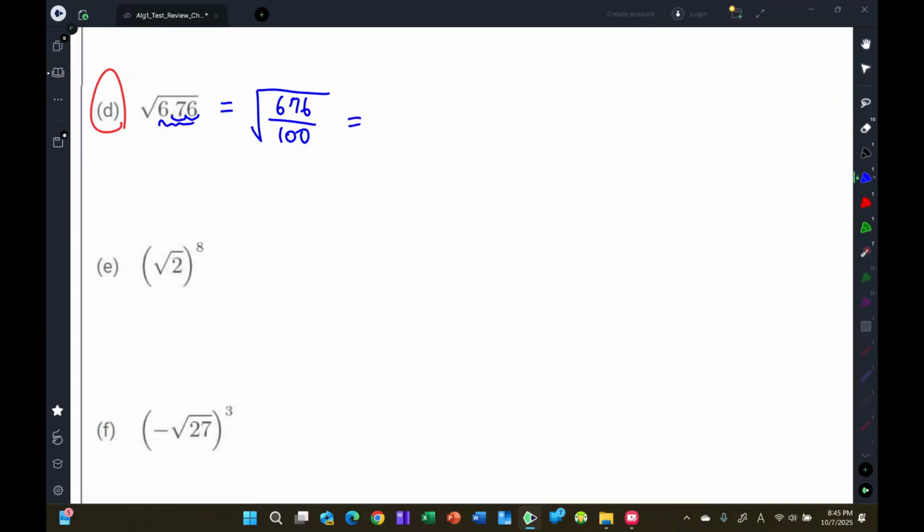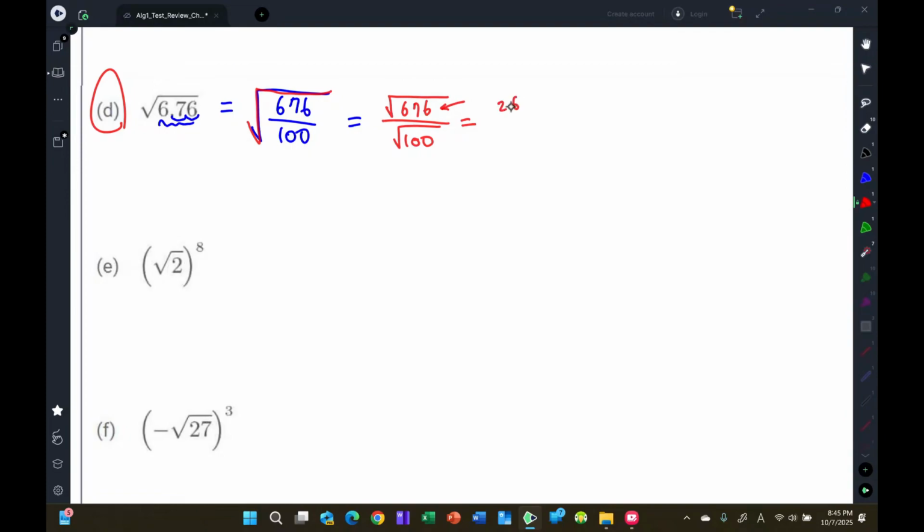Now, if you remember, I have the square root of the fraction. That means I could put a square root on top and bottom separately. Okay? Now, I know it's harder to see, but if you do prime factorization, this is actually a perfect square. This is the perfect square of 26.